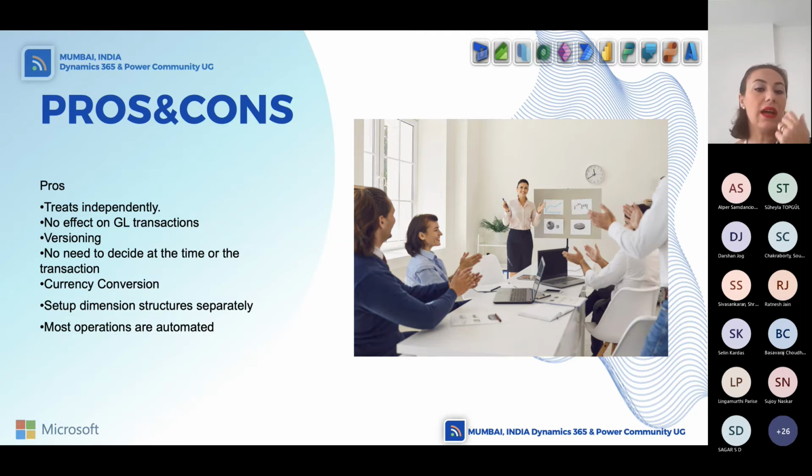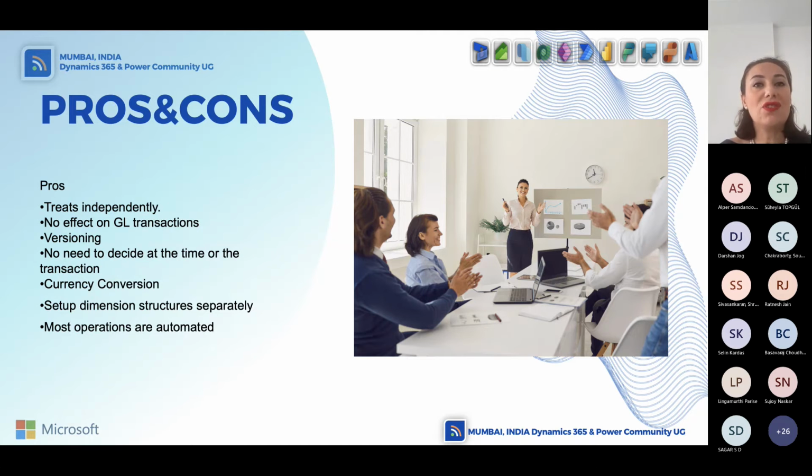And you do not need to decide at the time of the transaction. So you can post everything and you can do your rules at the end of the month. So it's fine. It has currency conversion, so you can report according to the currency you want to see.